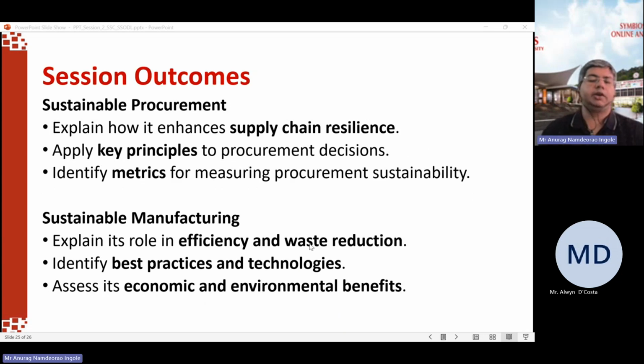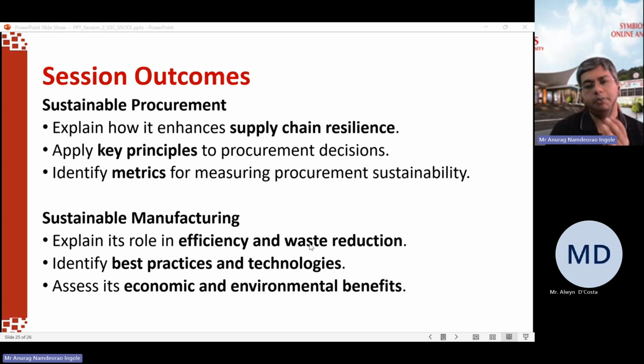So, okay, this is the end of our session two, in which we tried to cover two topics, sustainable procurement and sustainable manufacturing. Under sustainable procurement, we went through how it enhances supply chain resilience, how to apply some of the key principles to procurement decisions, and we tried to identify some of the metrics for measuring procurement sustainability.